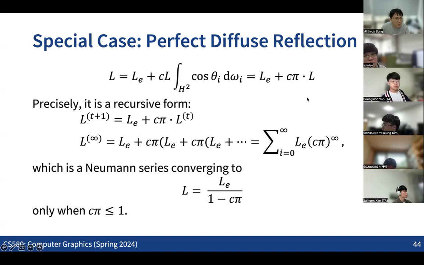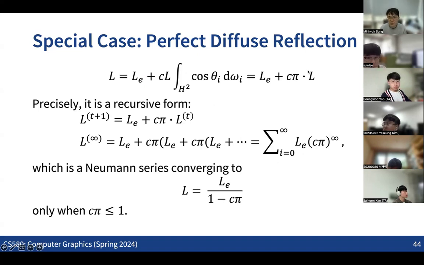This is not shown in this equation, but if we look at its recursive form, you can see that this series converges to this equation, and this can also be computed from the equation that we are seeing in the first row, right?